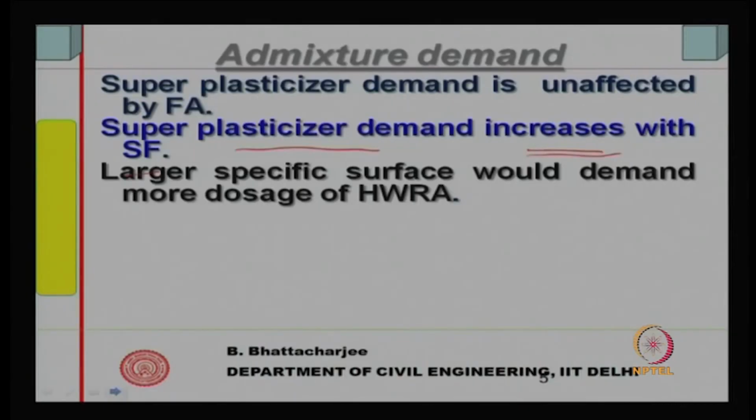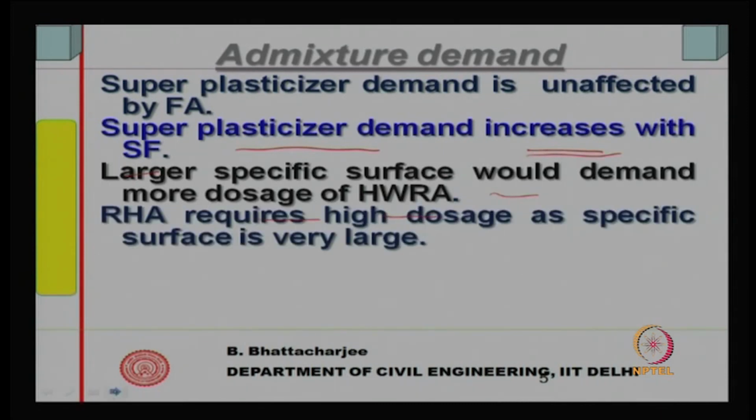Since their surface area is large, they can consume a larger amount of superplasticizer. Larger specific surface would demand more dosage of high range water reducing agent.